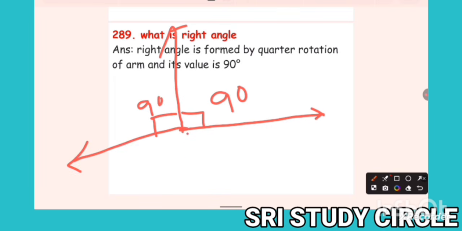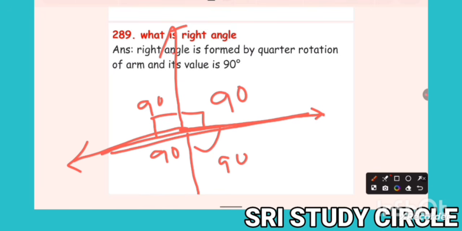Next 90, next 90. So how many parts do we have here? 4 parts. The first is quarter 1, then quarter 2, quarter 3, quarter 4. Each one is 90 degrees.